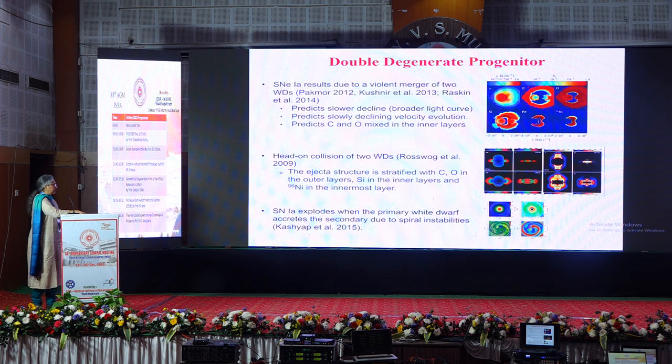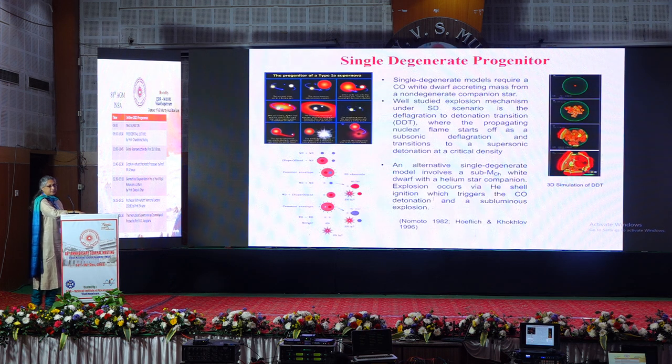One can also have a merger with the secondary spiraling into the primary white dwarf, and the instabilities created while it is spiraling in can lead to the burning of the primary white dwarf and the supernova. In the case of the single degenerate progenitor, you can have a carbon-oxygen white dwarf igniting due to the DDT phenomenon, and this is the model which explains the single degenerate scenario the best.